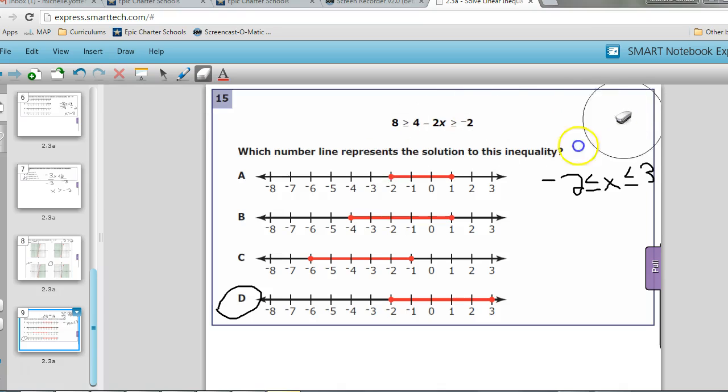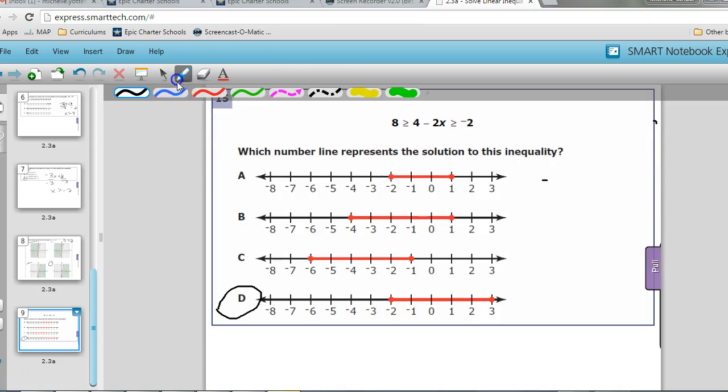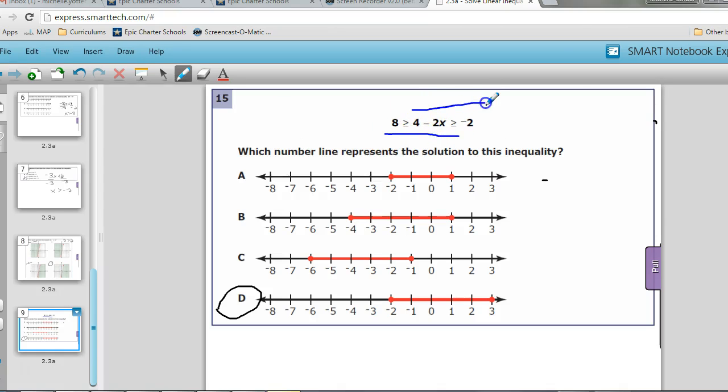Okay, the other way to solve this is how I was going to originally do it. I like to solve them this way because I just think it's easier. But you can also split it into two different graphs. So we have this one and we have this one. So we have 8 is greater than or equal to 4 minus 2x. Okay, then we would subtract 4 from both sides.